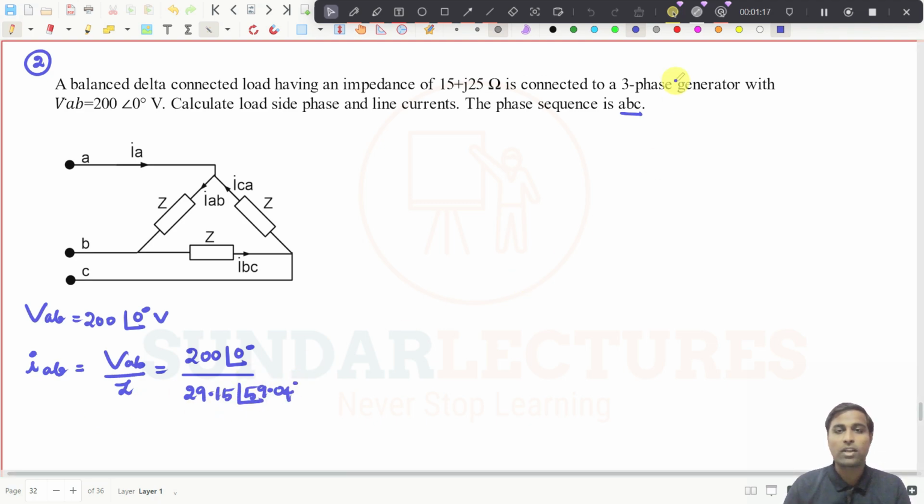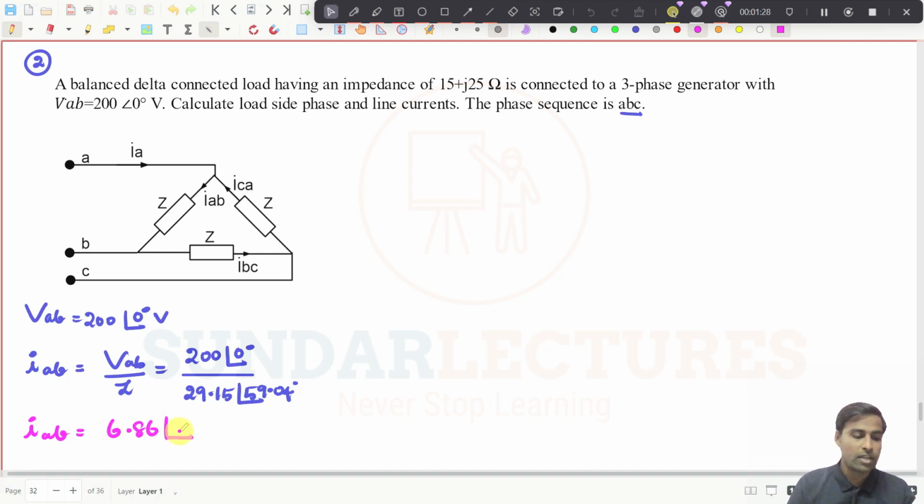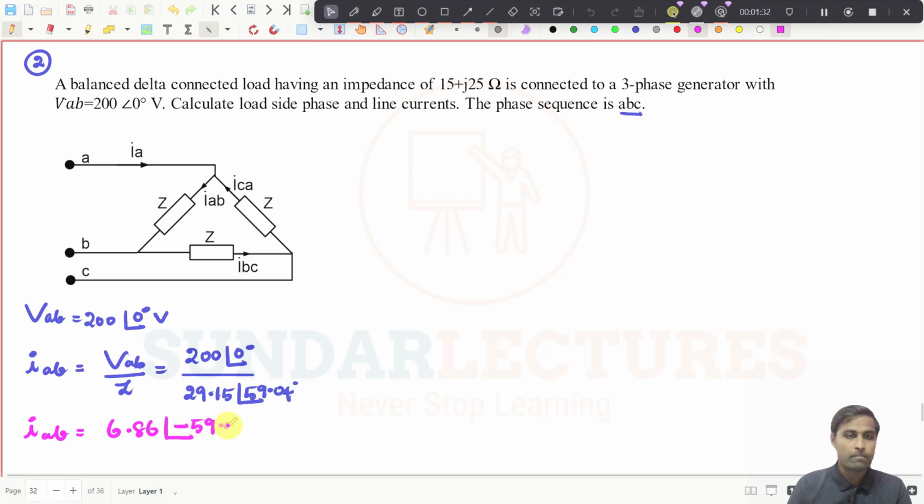So finally, if I simplify this, IAB is equal to 6.86 at an angle of minus 59.04 degree amperes, right?